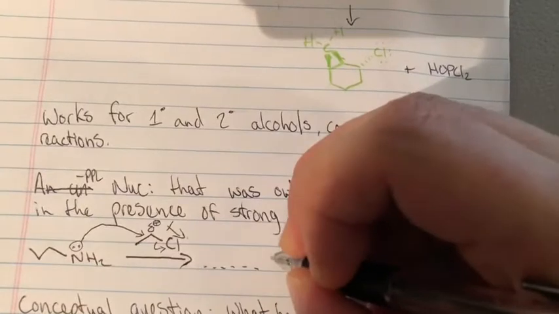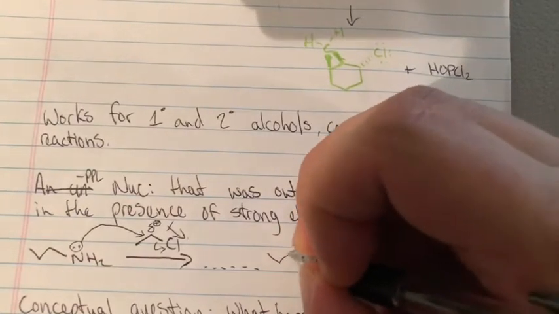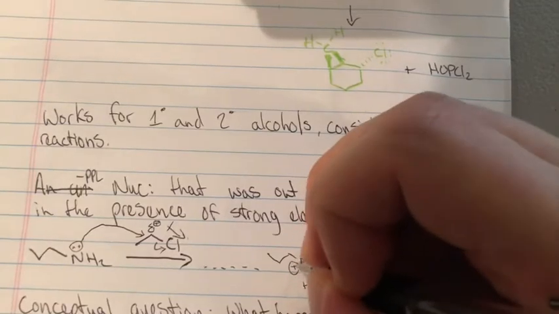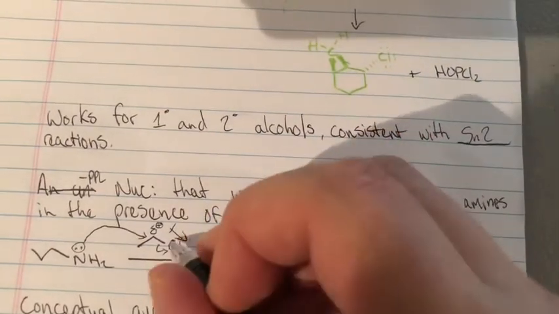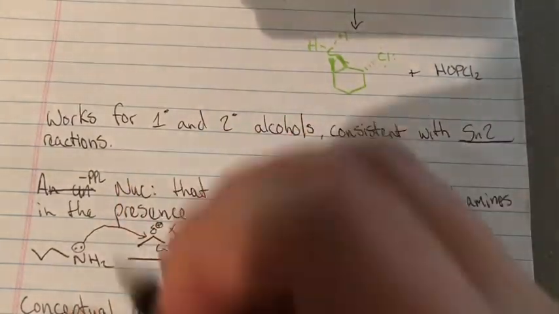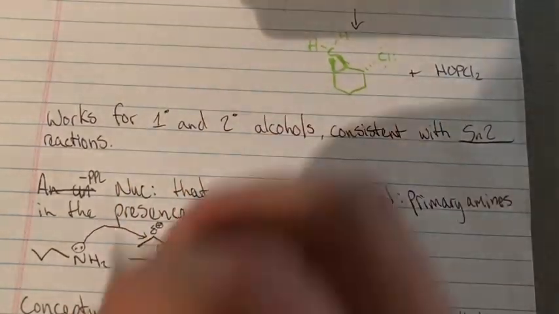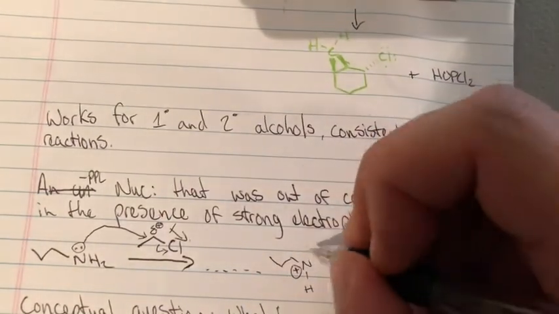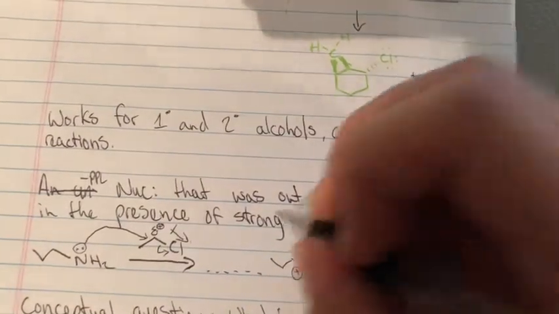And just to show you the first product, at least the intermediate, you're going to have a charged species once again. So you're inducing some kind of charge separation from the Cl minus leaving, and then this NH2 or amine attacking the ethyl group aggressively.